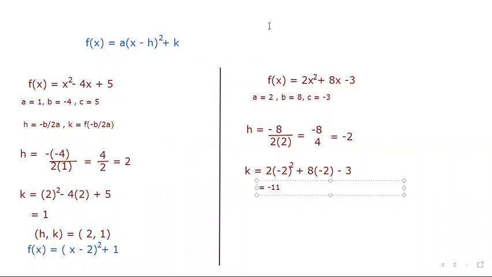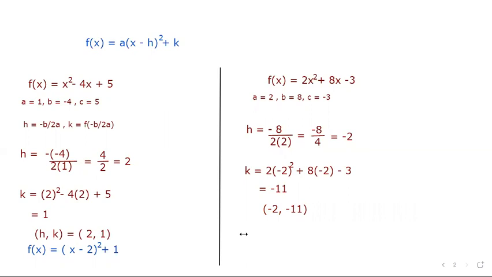So this is going to give us -11. Now our vertex at h and k is -2, -11. And let's plug it back into our standard form.